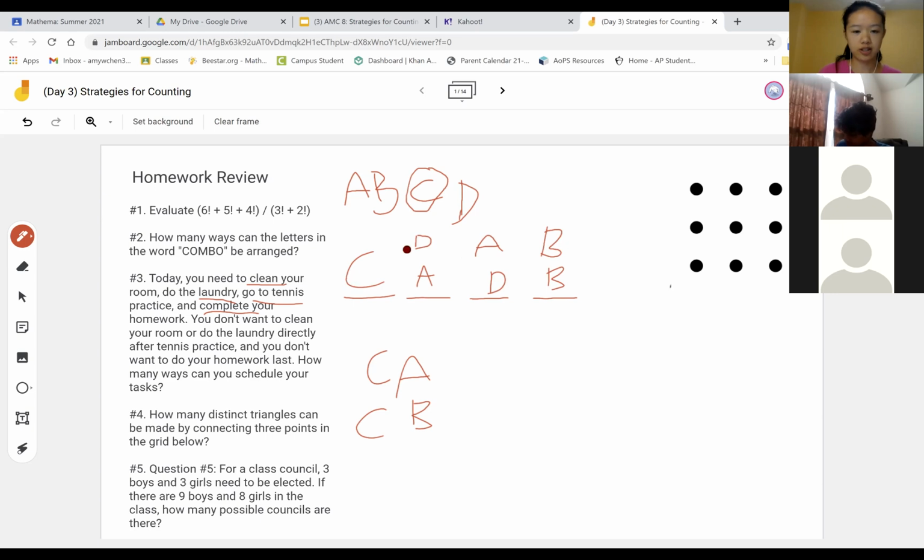So we could either have CDAB or CADB. However, the A and B can also be flipped around, so it could be CDBA and CBDA. So for this case, we have 4 possibilities.